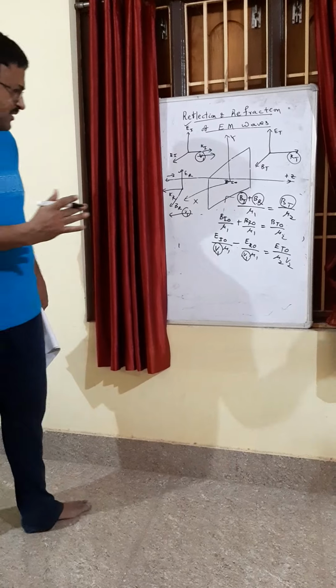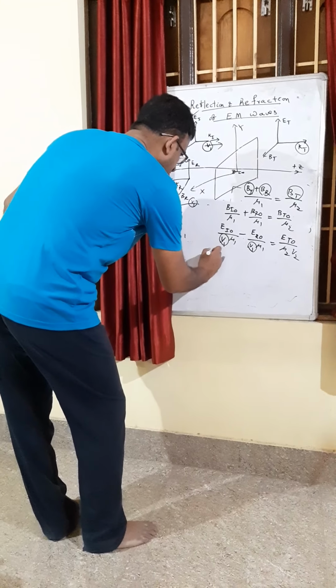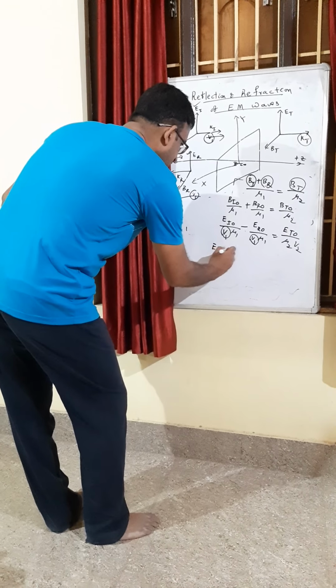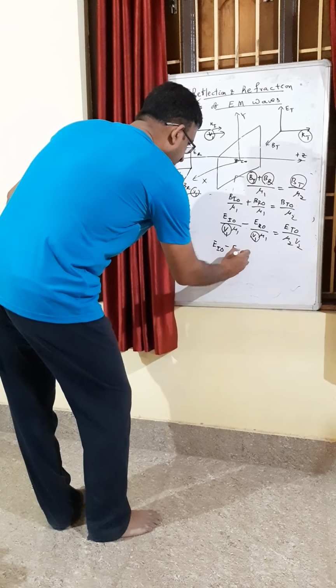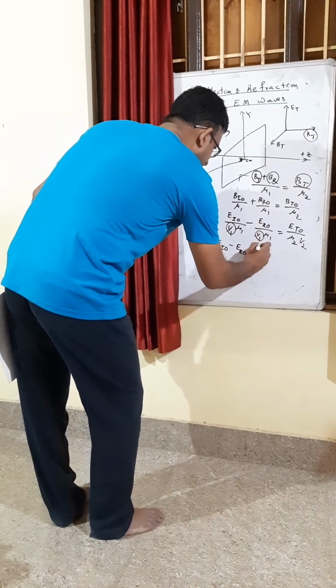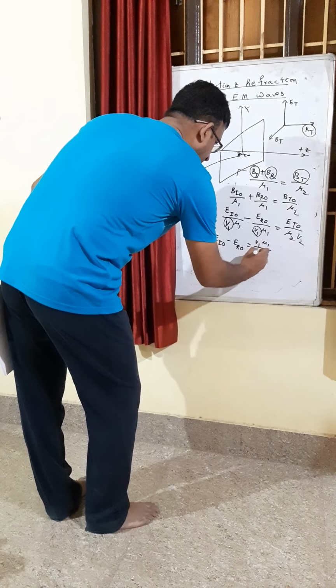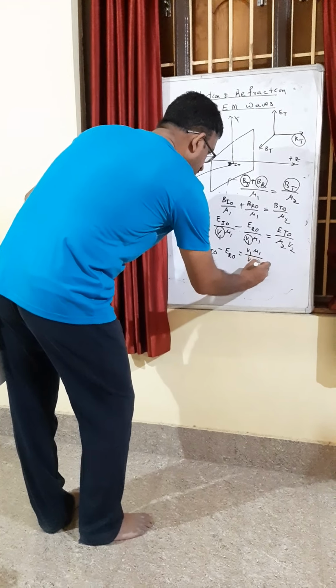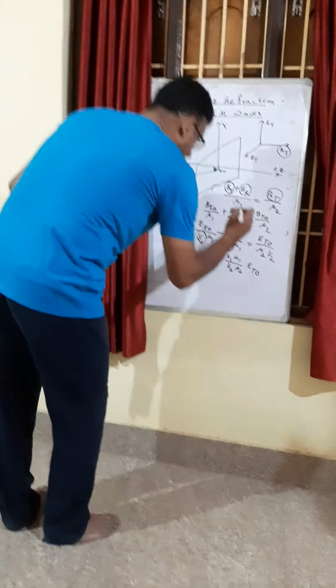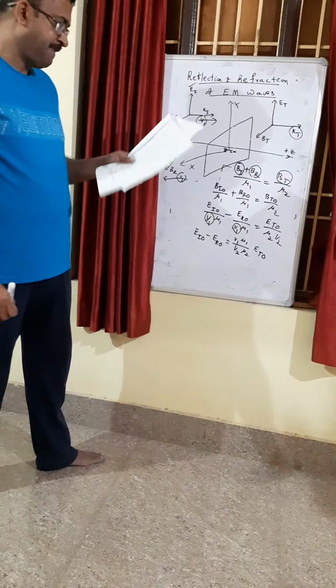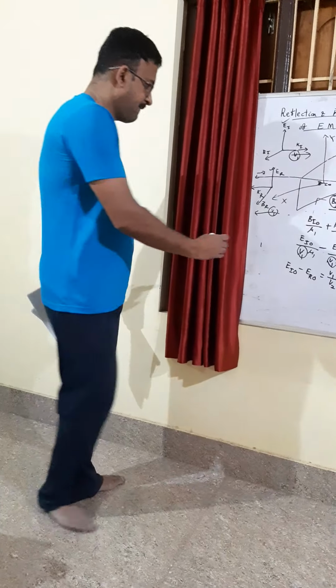From here we can find EIO minus ERO equal to V1 by V2 times mu1 by mu2 into ETO. These are the equations we get.